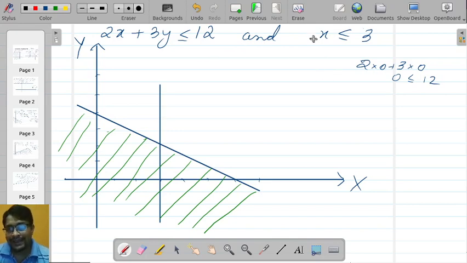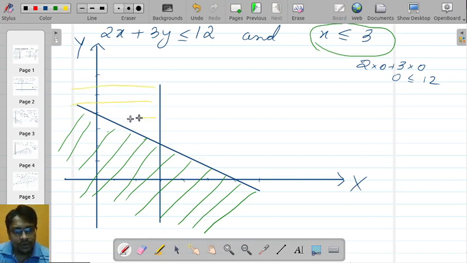Now x less than or equal to 3. X equal to 3 is this line, and x less than 3 means it will represent the left portion. So anything on this side represents x less than or equal to 3. Which portion represents the region that is common to both regions?